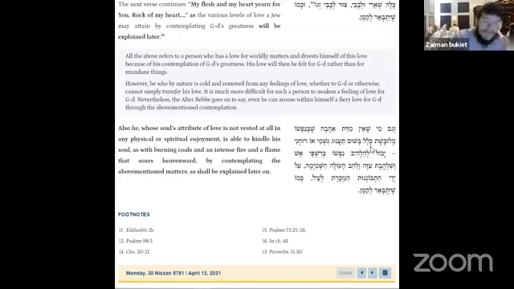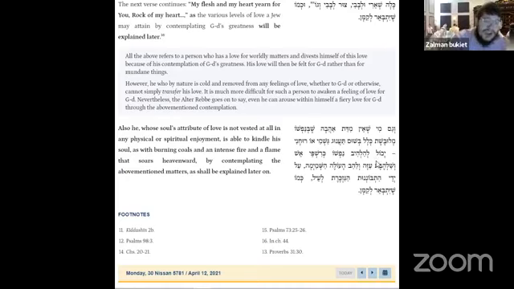Because if you have that desire and pleasure, then at least it can be channeled. But what happens if somebody is not invested at all? He has no love for anything, both physical or spiritual enjoyment. What do we do with this? He doesn't have the taanug of gashmi or ruchni.